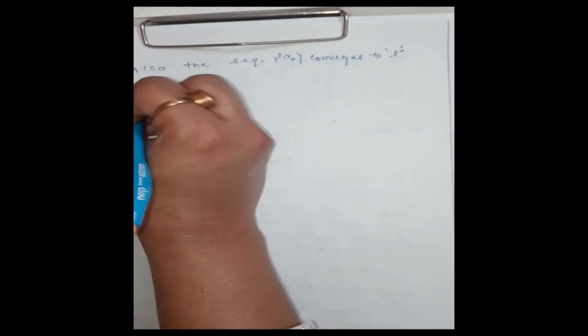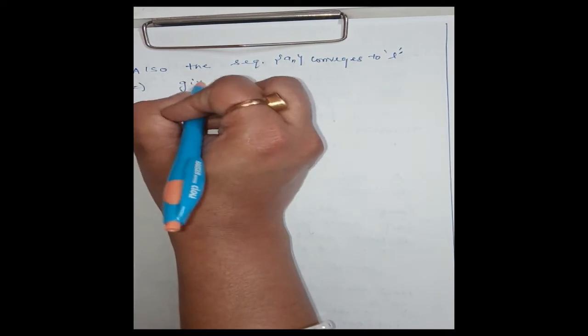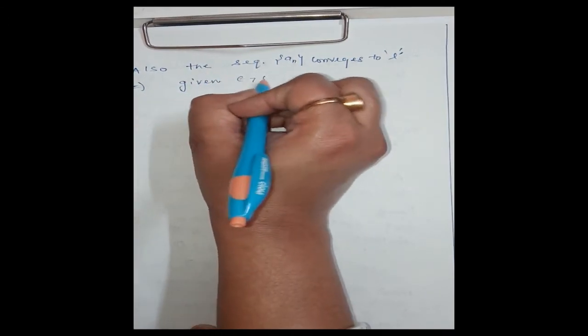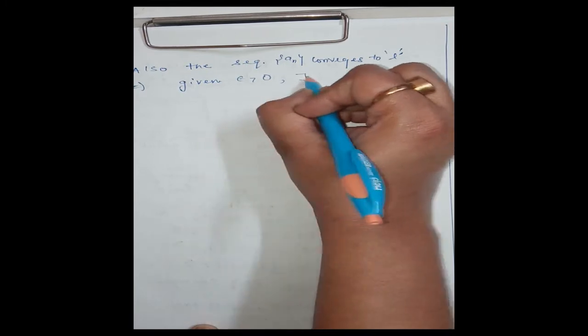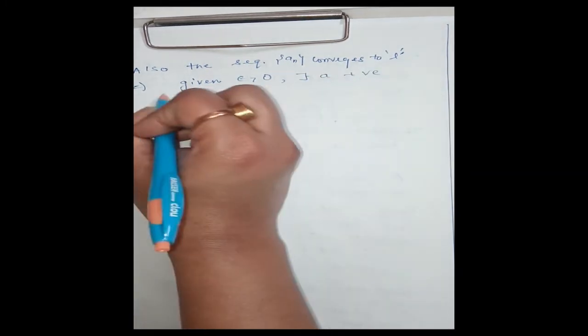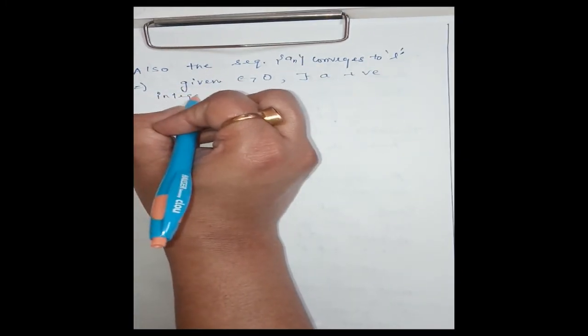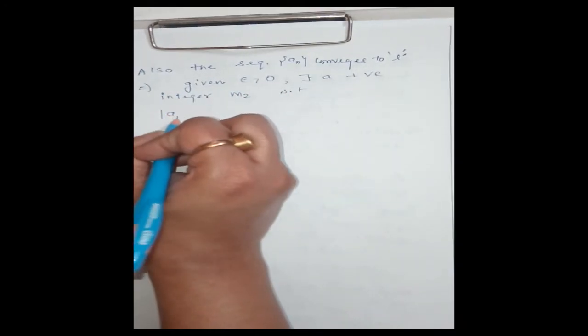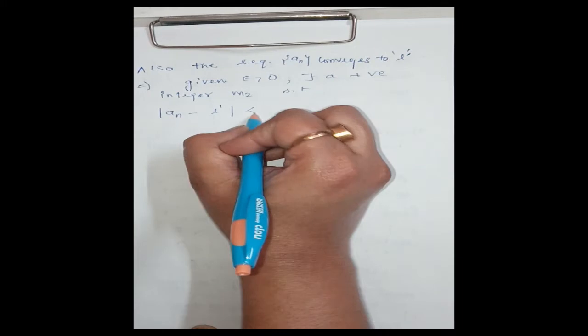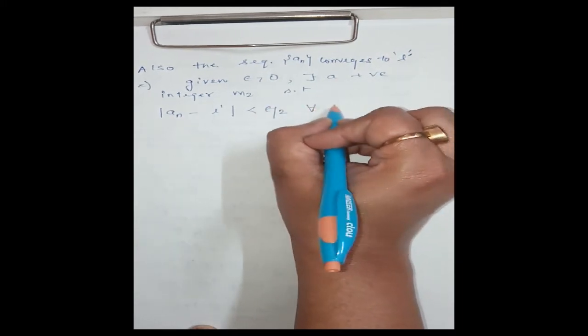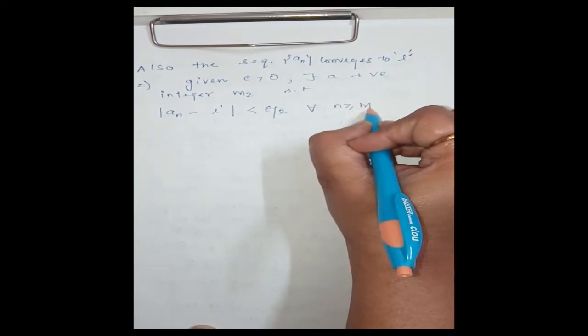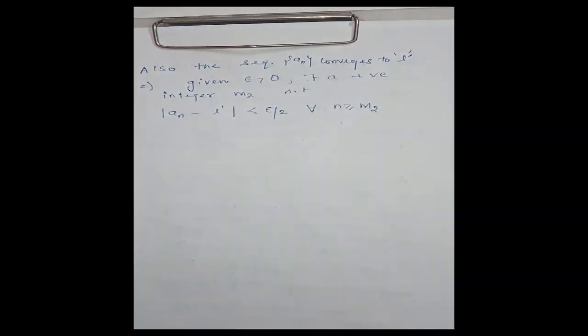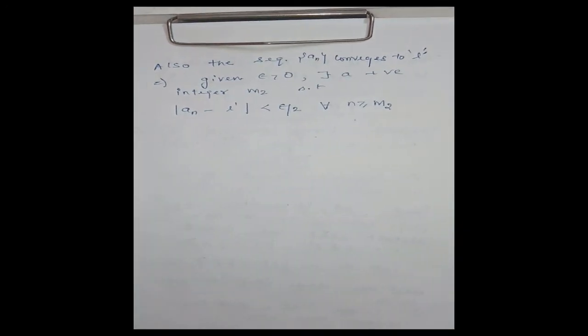Therefore, by definition, given epsilon positive, there exists a positive integer, say m2, such that mod a_n minus L dash is less than epsilon by 2 for all n greater than or equal to m2. This again is by definition.